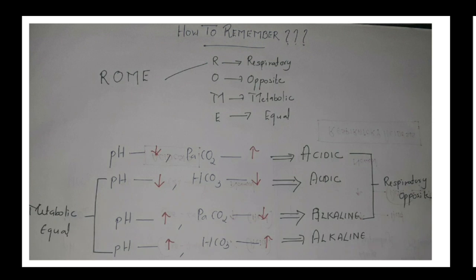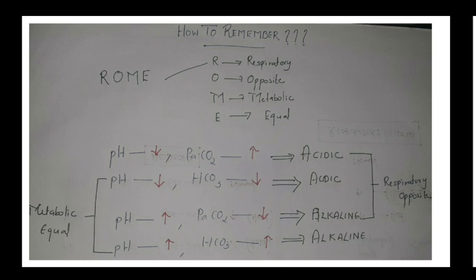The word you have to remember is ROME, R-O-M-E. R stands for respiratory, O stands for opposite, M for metabolic and E for equal. Respiratory, opposite, metabolic, equal. What does it mean?